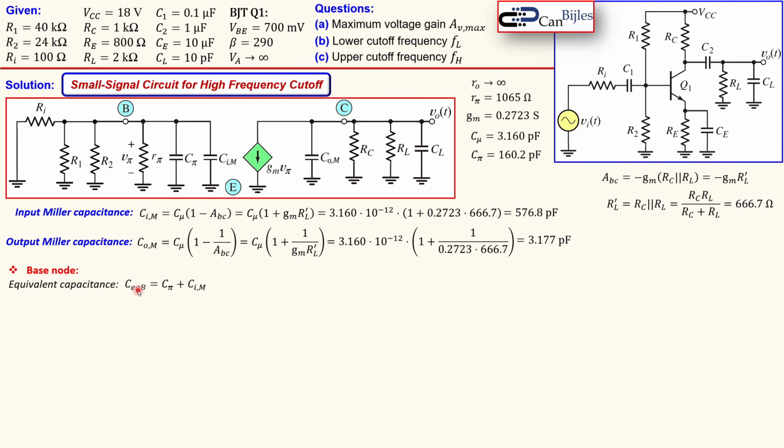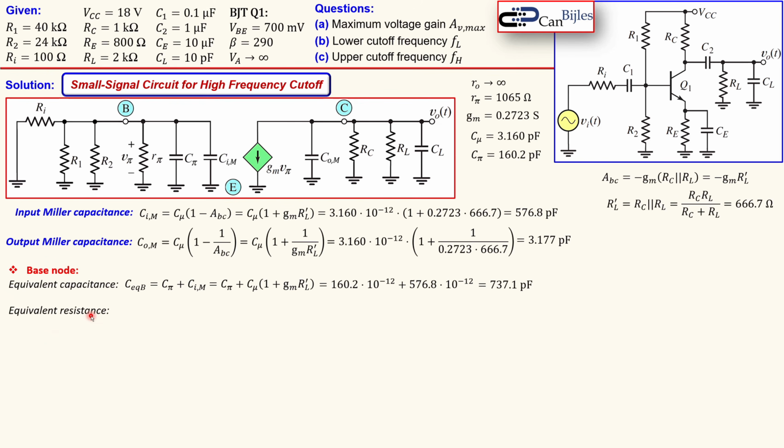I call this C equivalent B, the equivalent capacitance at the base node. So this means C pi plus this one, in more detailed form 160.2 picofarads plus what I have just calculated, which will then be 737.1 picofarad.